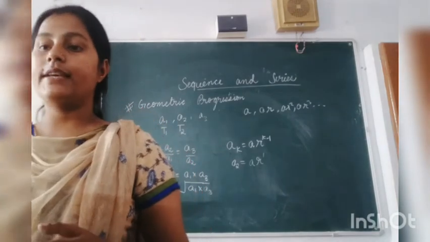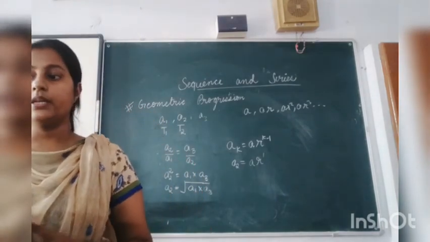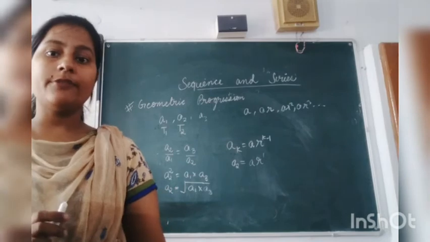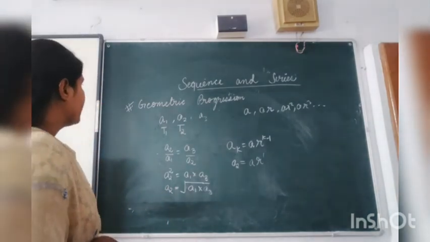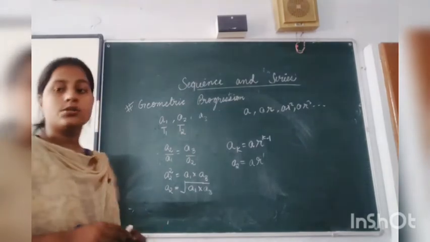Also we have the sum of n terms of a GP. Let us suppose that we have been given with a GP series, and in that series we have only n terms. So what is the formula?